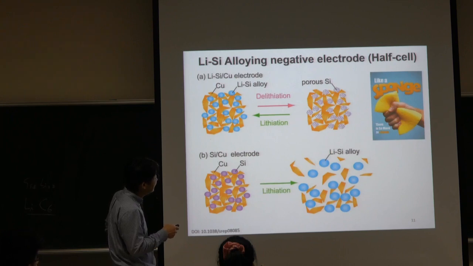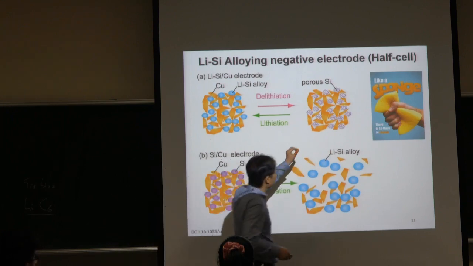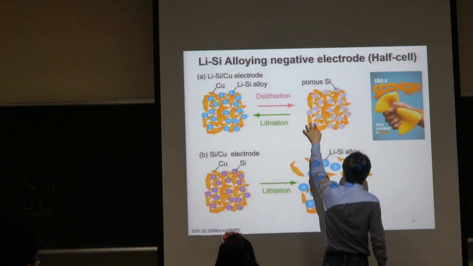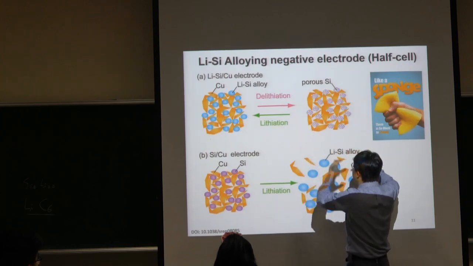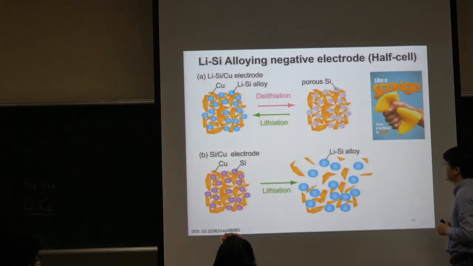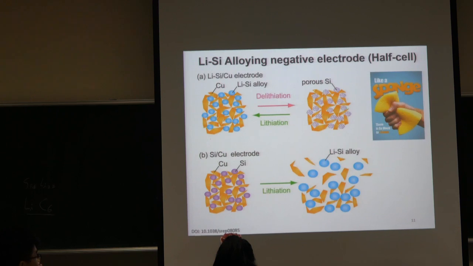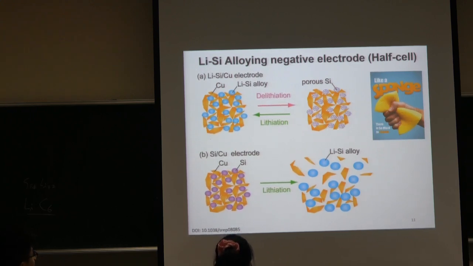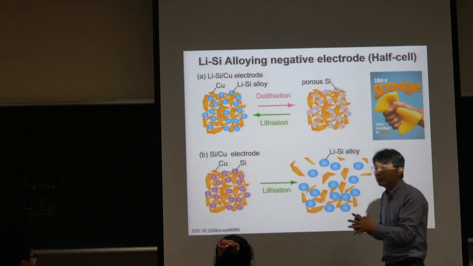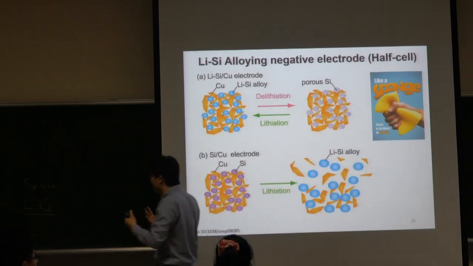So even though during charge and discharge the silicon expands its volume, the inside of the silicon is mostly a porous structure. The porous structure can accommodate more volume.